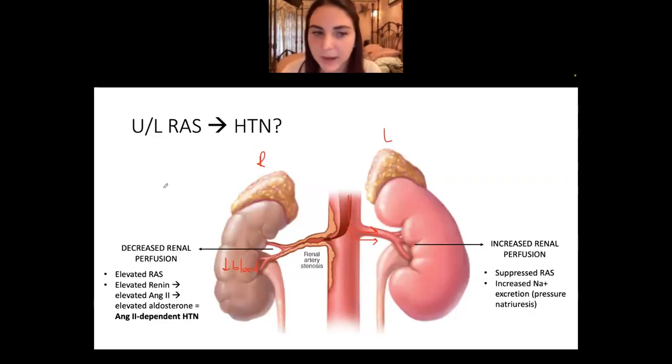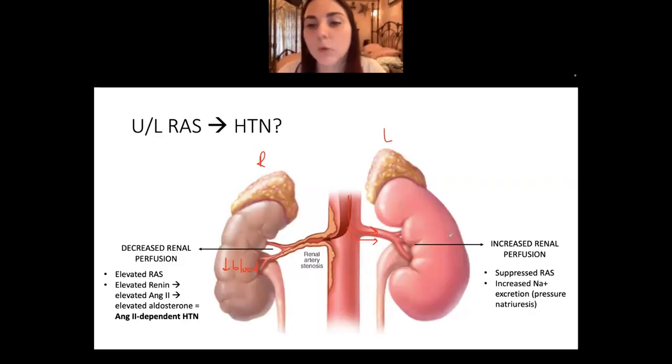It's the exact same pathophys as with heart failure. The decreased blood volume triggers the kidneys to undergo the renin-angiotensin-aldosterone system. So decreased renal perfusion, RAS is going to turn on basically. Renin is going to increase the amount of angiotensin 2, which is going to increase aldosterone. So we're going to get angiotensin 2 dependent hypertension.